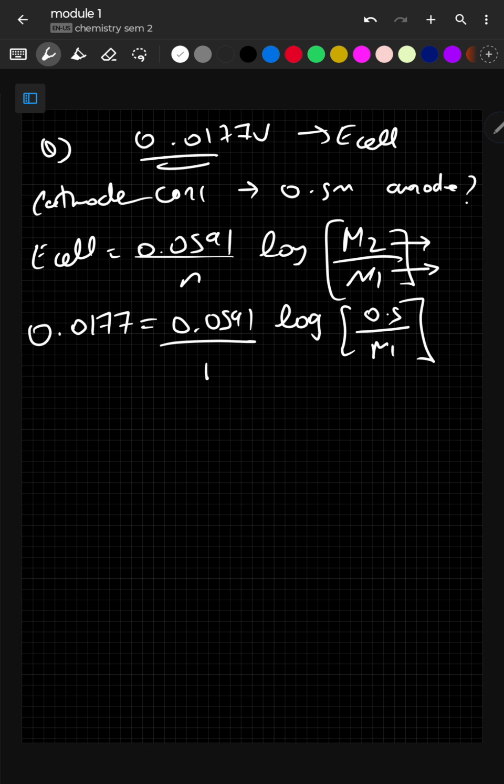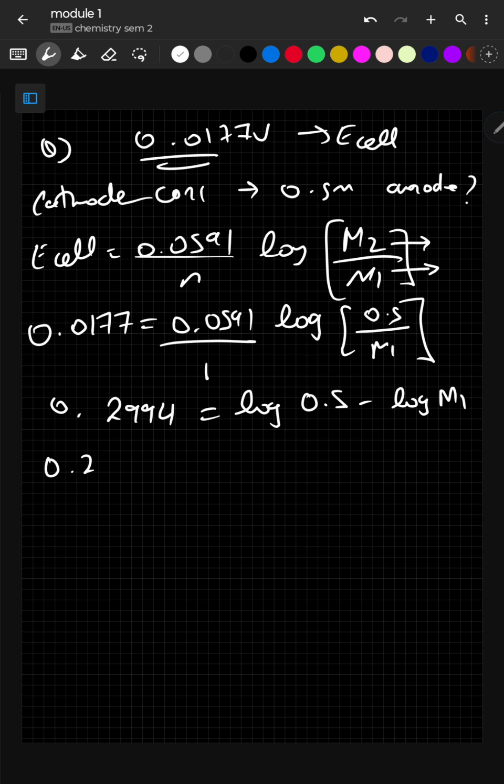So what first we can do is 0.0177 by 0.0591. That's going to be 0.2994 equals log of 0.5 minus log of M1. Now let me take log of 0.5.